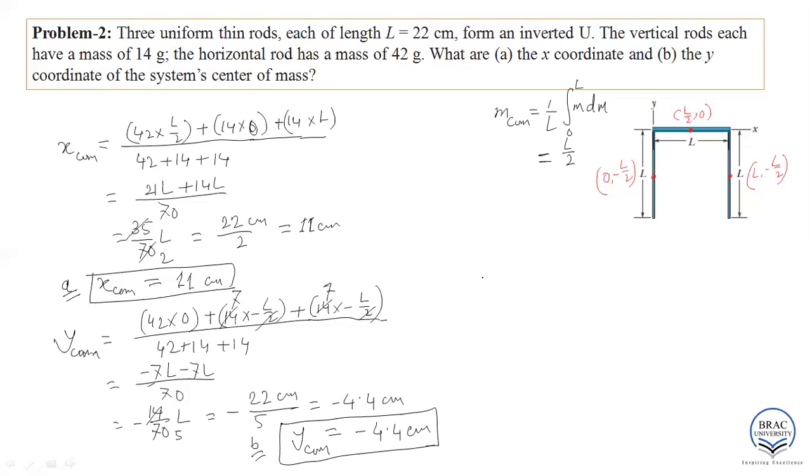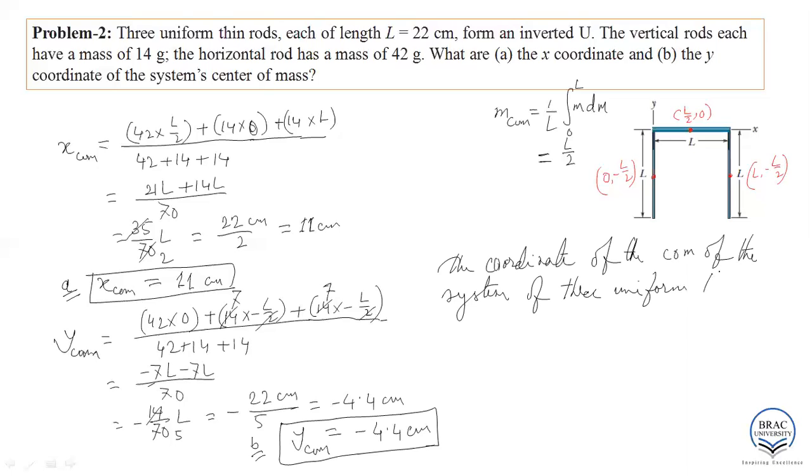That means the coordinate of the center of mass of the system of 3 uniform thin rods is 11, minus 4.4.